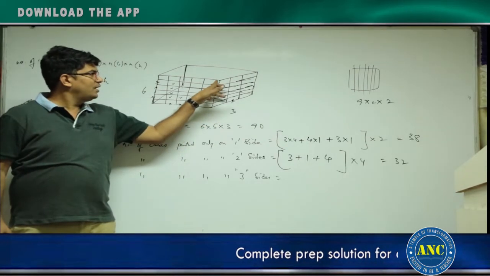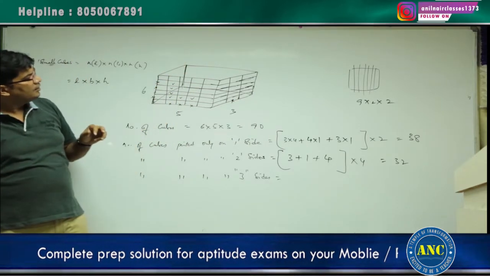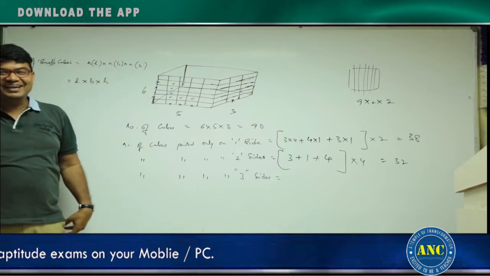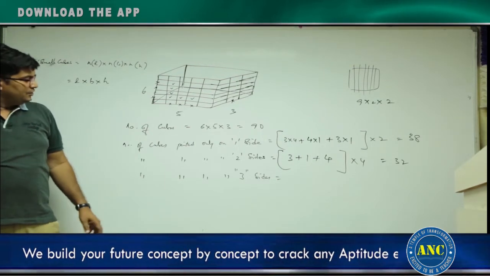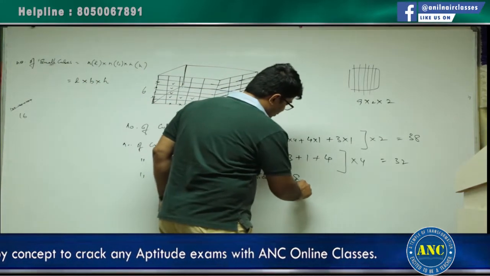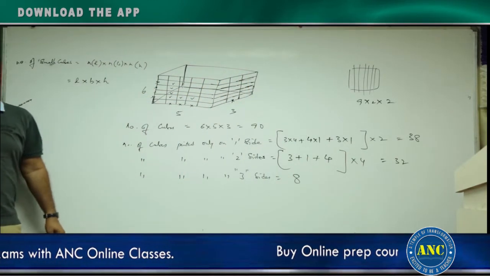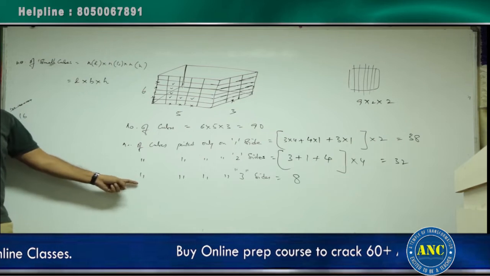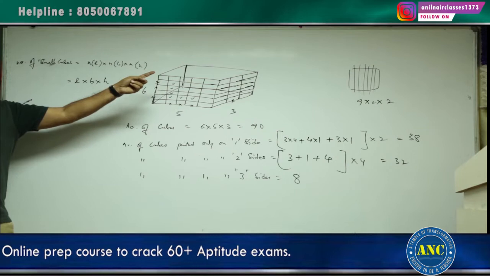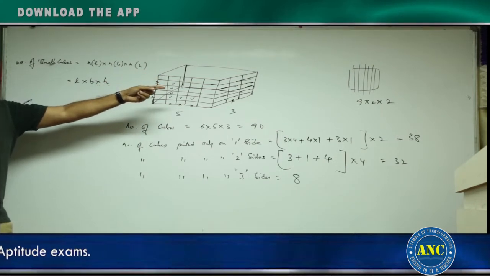This one, this one, this one, this one, this one, this one, this one, this one. Are there 8 or 12? 8. Very good. So all 3 sides, there will be 8 corners. So will this answer change, the third question? Will it change if you have 6 by 6 by 6? No. 5 by 8? No, it doesn't matter.